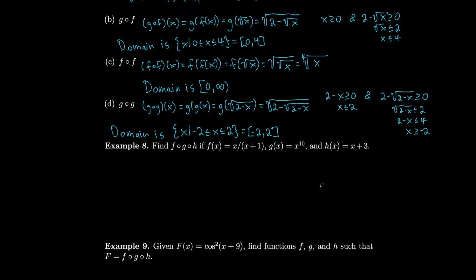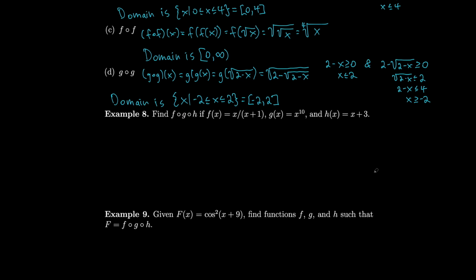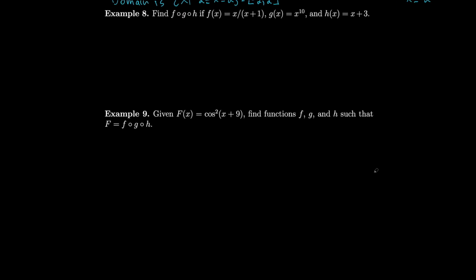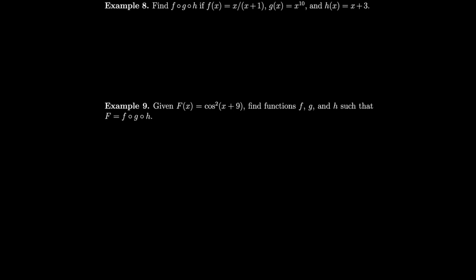Okay, let's do another example. What if we want to compose 3 functions? Let's find f composed with g composed with h if f of x is x over x plus 1, g of x is x to the 10th, and h of x is x plus 3. So f composed with g composed with h of x is f of g of h of x.